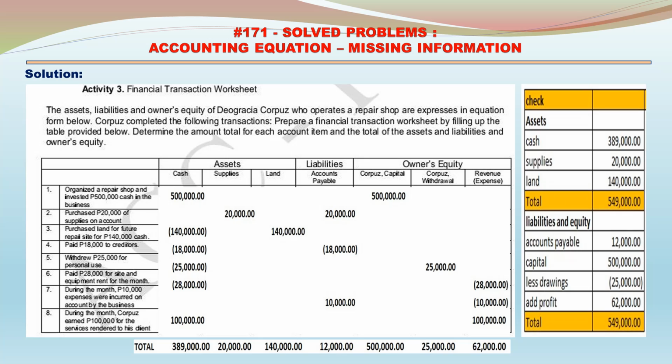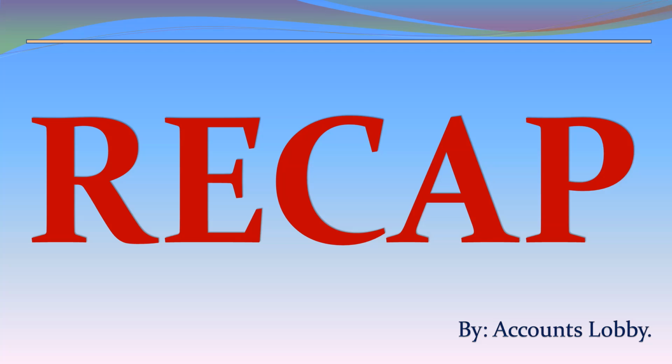Assets: cash 389,000, supplies 20,000, land 140,000, total assets 549,000. Liabilities and equity: accounts payable 12,000, capital 500,000, less drawings 25,000, add profit 62,000, total liabilities and equity 549,000. Recap.